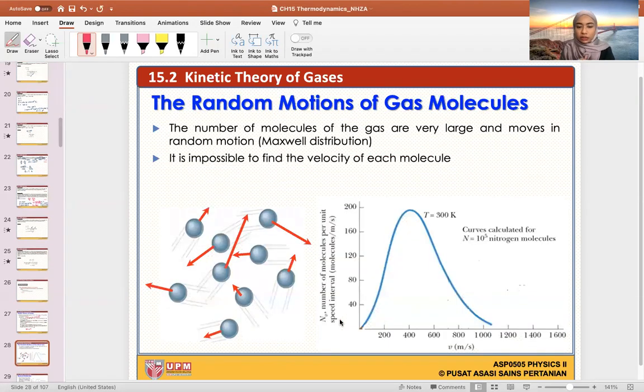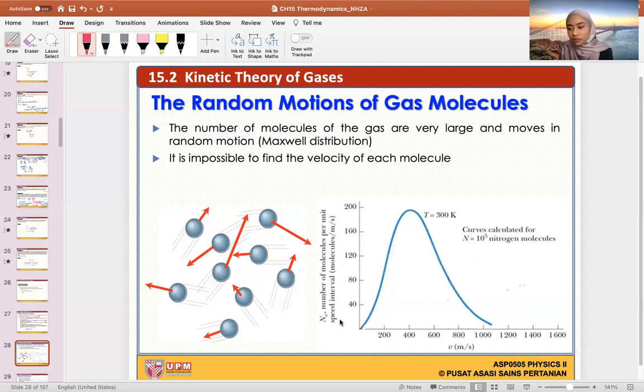Okay, moving on. So the random motion of gas molecules. We have all these gas molecules in the air. They move randomly. So how do we predict its behavior if it's always moving randomly? This is where we use statistics to say, okay, the probability of this molecule to move at a certain speed is this much.